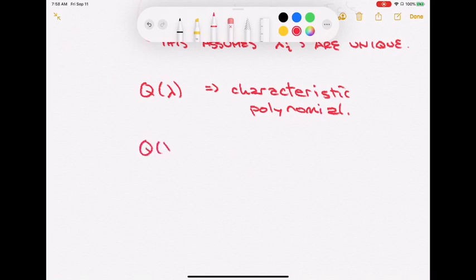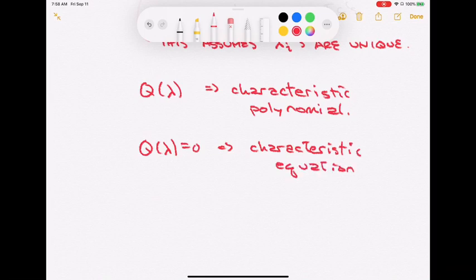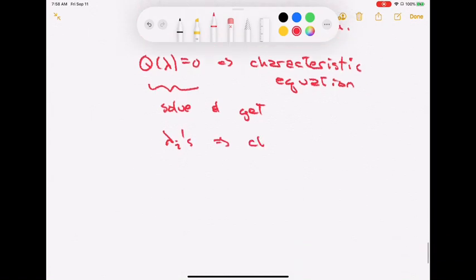If I set Q of lambda equal to 0, this is called the characteristic equation. If we solve that and get our lambda i's, those are called the characteristic roots. The reason there is pretty obvious: it's the roots of that polynomial.